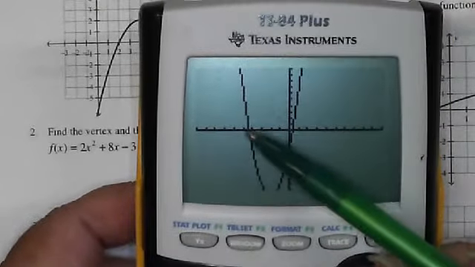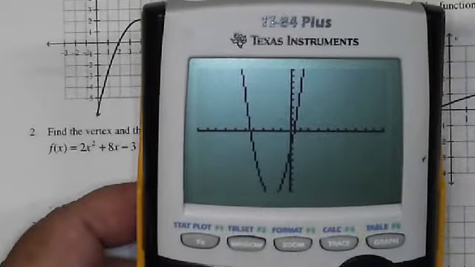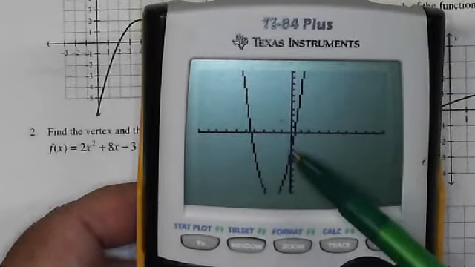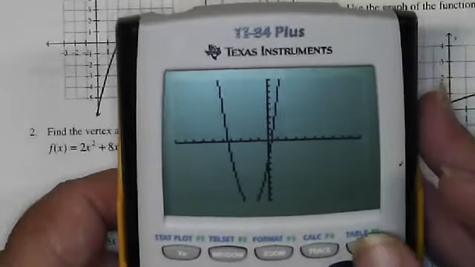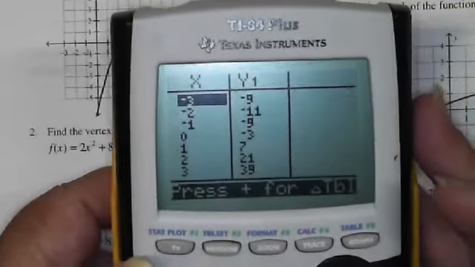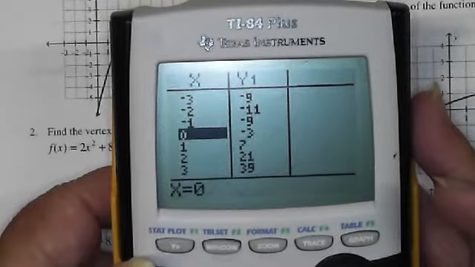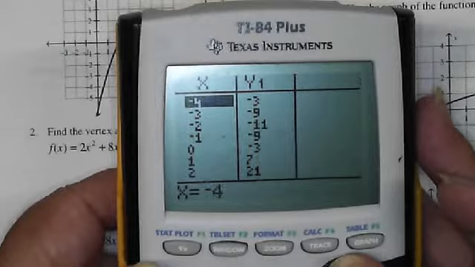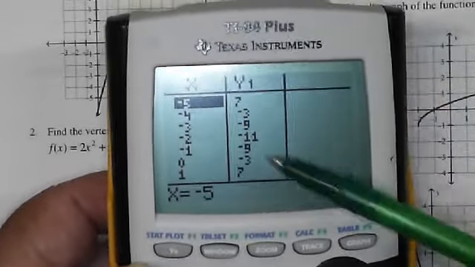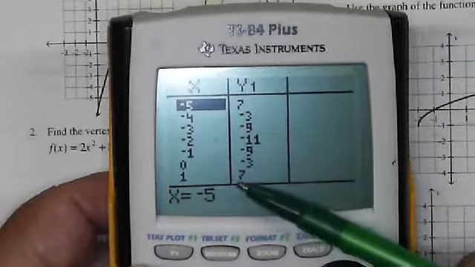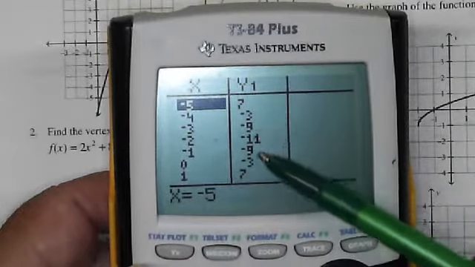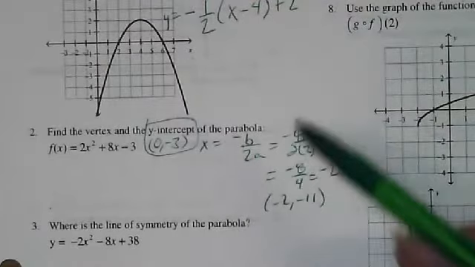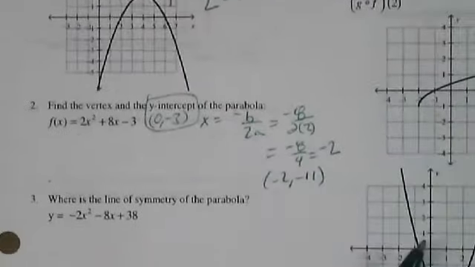You can see the vertex there, and you can also see your y-intercept right there. Go to your table. There is your y-intercept, and your vertex right there. You can see the mirror image, 7, 7, negative 3, negative 3, negative 9, there's your vertex, negative 2, negative 11, which is what we got there.